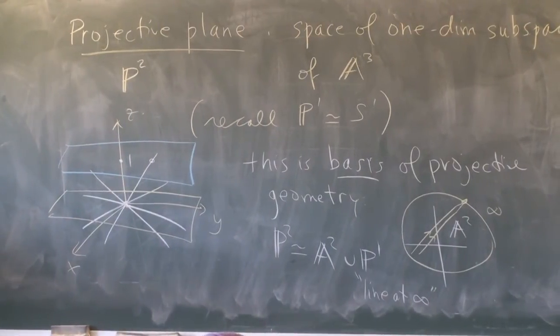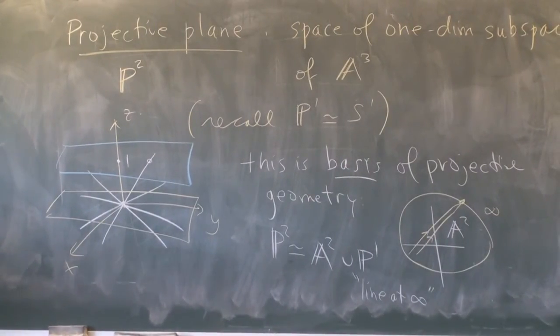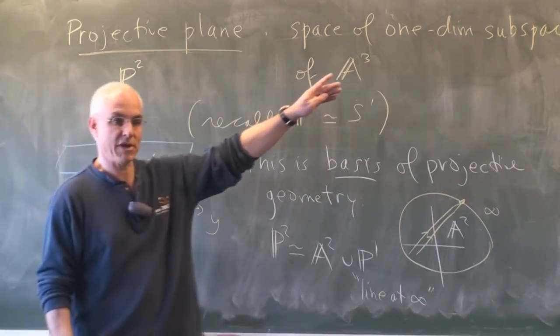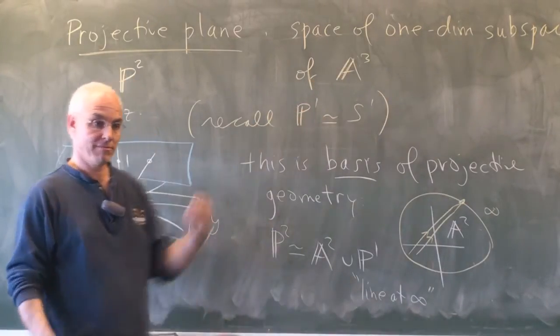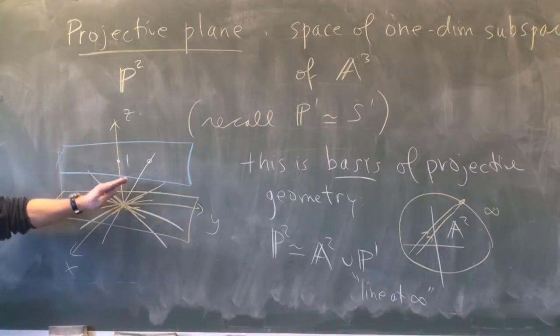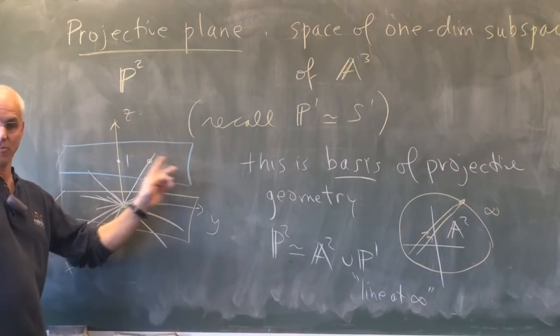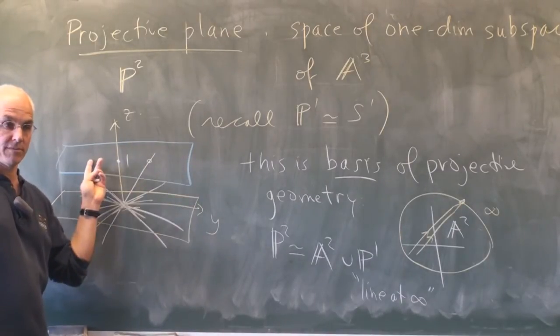So in this picture there are two types of one-dimensional subspaces or lines through the origin. The ones which are horizontal, which are themselves just a P1, same picture of the projective line. And all the ones which are not horizontal, well, if it's not horizontal, it means that it will eventually meet this plane in exactly one point.